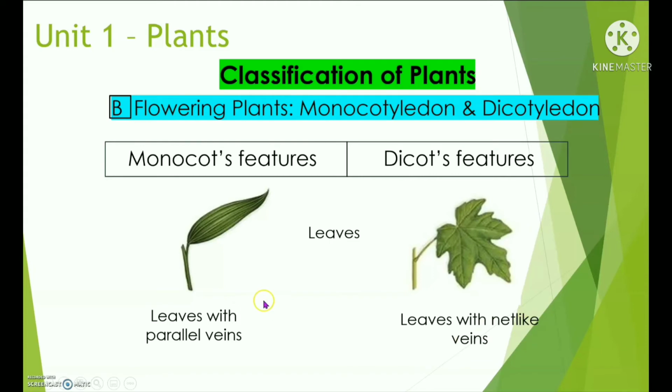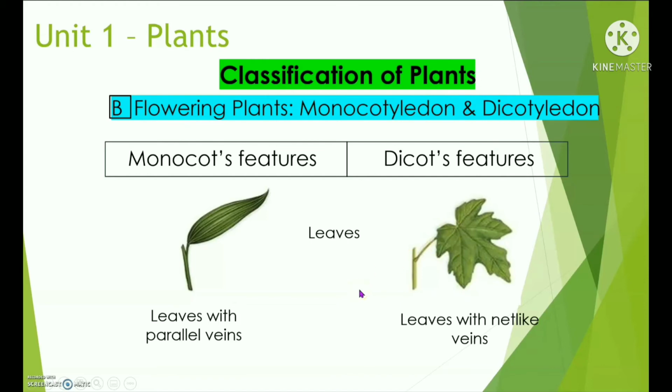Okay, so for monocot, the leaves are usually parallel veins. The veins in the leaves are usually parallel lines. Okay, next for dicot, the leaves are usually net-like veins. It's not parallel, but the veins are net-like.